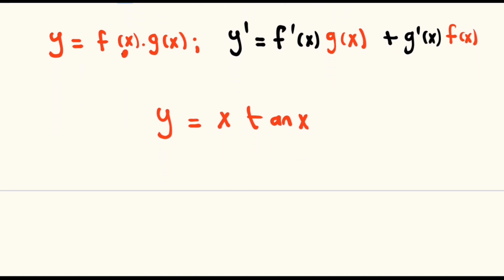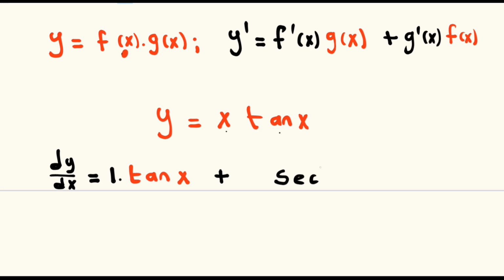So let's differentiate this using the product rule. So the derivative of y with respect to x will be equals to the derivative of the x, which is equals to 1, and we multiply this with the tan x plus the derivative of the tan x, which is equals to sec squared x, and we multiply this with the x.